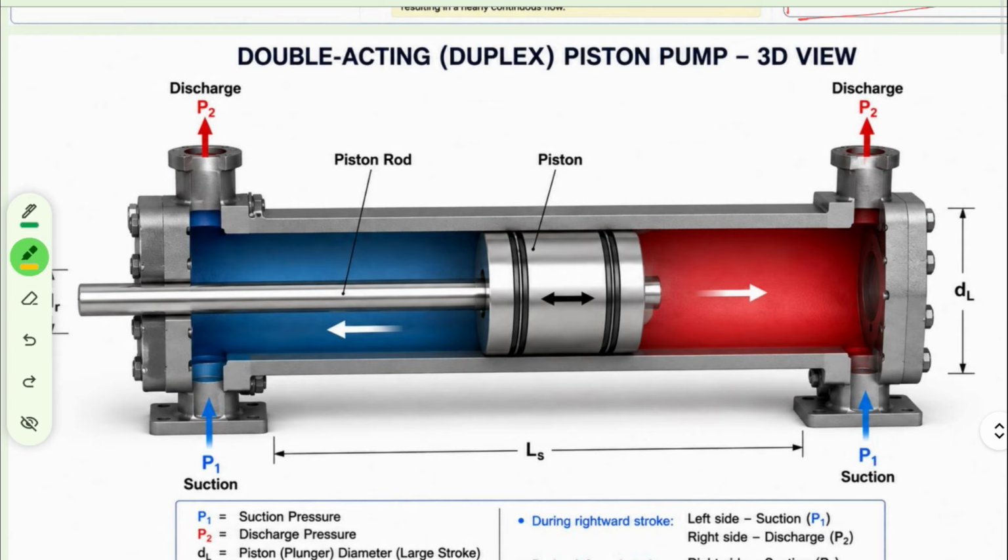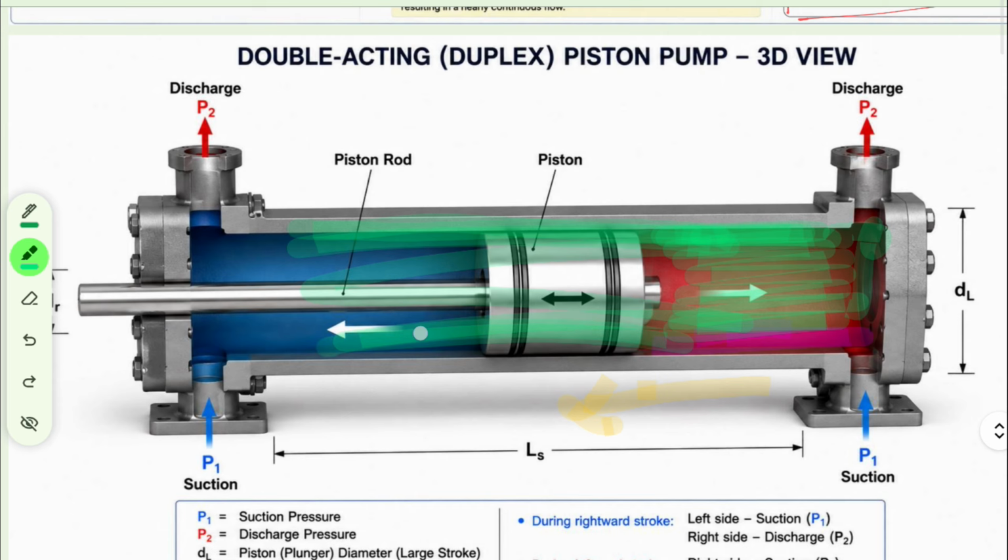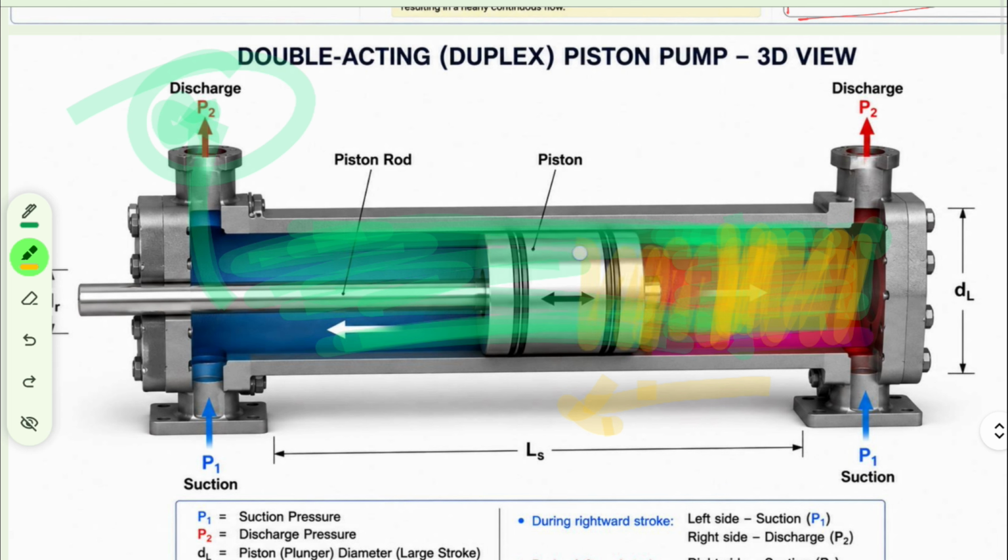If you observe carefully, when the piston is moving backward, in that particular case this much amount of volume you are going to suck, means this much amount of volume throughout the cylinder you are going to deliver or discharge, because the space present over here is this much amount of volume during the backward motion. I hope you people are able to see and observe.